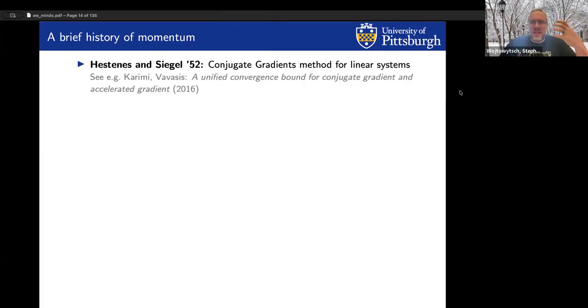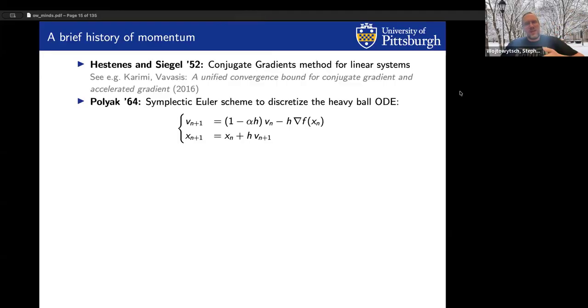So these methods can be analyzed very, very similarly. And then about a decade later, we've got Polyak, who uses a specific time discretization of this physical ODE, which is the symplectic Euler scheme.